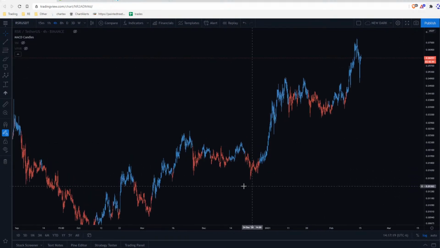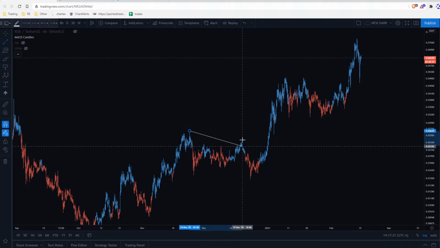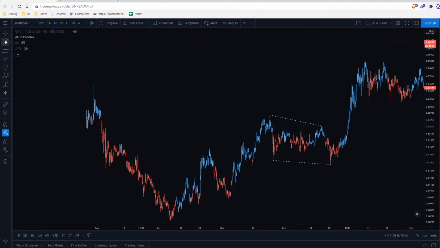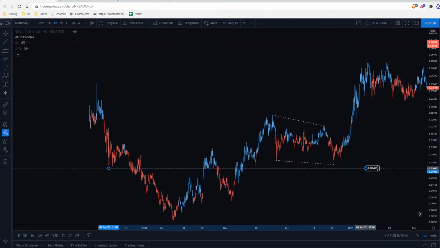Again, a nice flat right here. And this appears like it was our test. In the Wyckoff schematic, you've got the accumulation low right here, and that's the test of it. And your range low is either here or here. Kind of like this one.